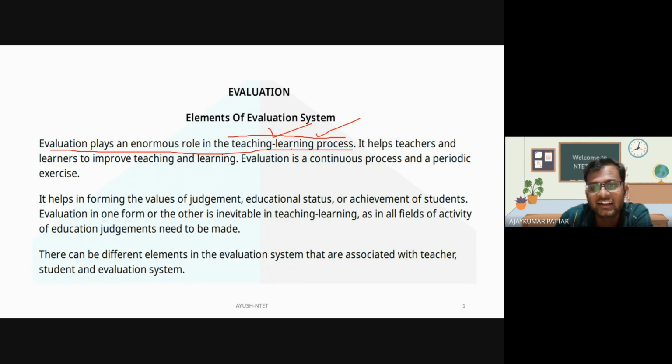Whether this process is achieving its goal, how will we assess? That is based on the evaluation.